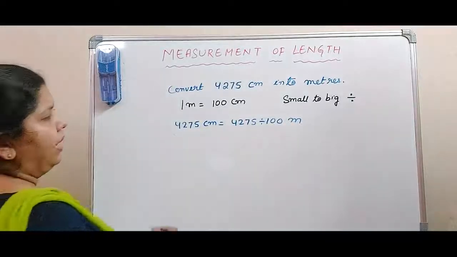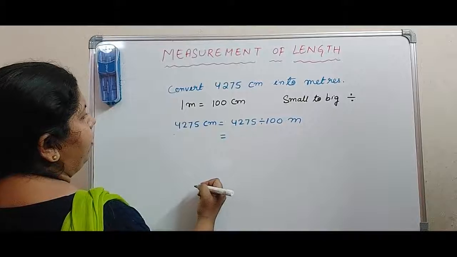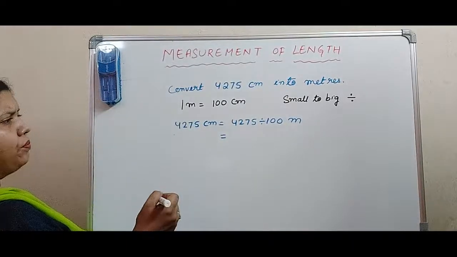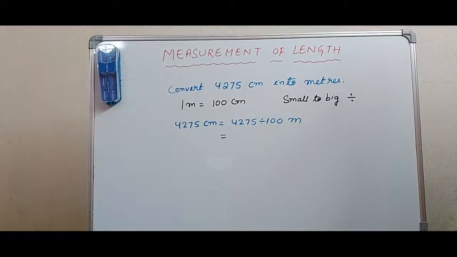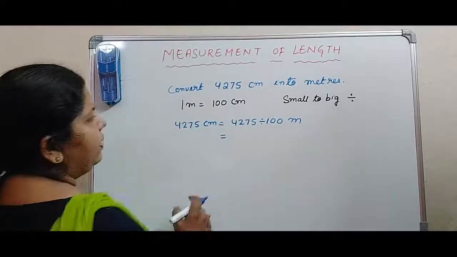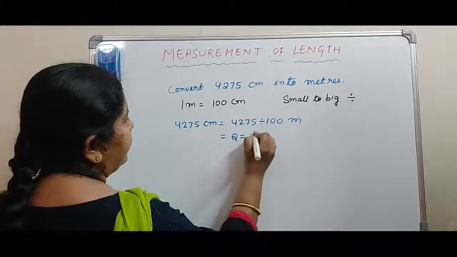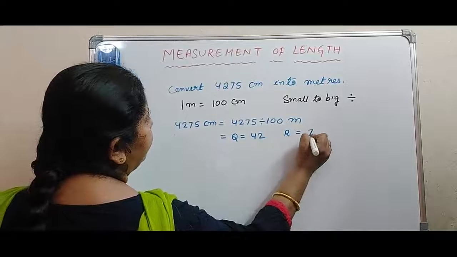We will get the answer in meters as well as centimeters. Whenever we divide, we will get a remainder. Here the quotient that you get is 42, and the remainder that you get is 75.